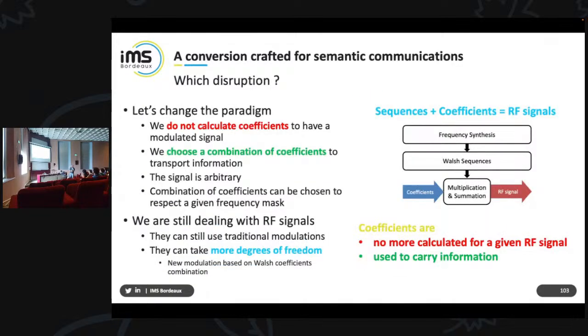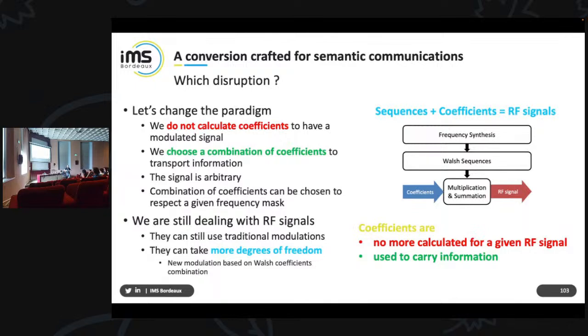So we use the circuit I've shown before. But this time, instead of respecting exactly the standard, I will use the coefficients of Walsh as a carrier of the information, and I will associate them. I don't want you to understand the mathematics behind that.